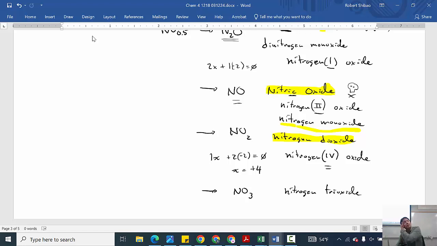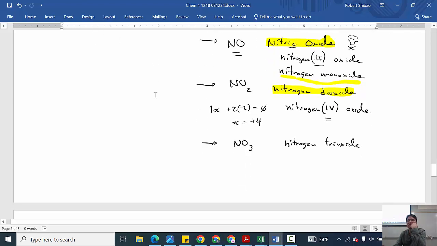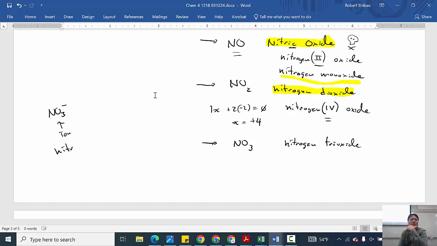Now surely it must be maxed out. What's another name for nitrogen trioxide? No. Nitrate has a negative charge. And so this is an ion. Ion has a different set of rules for nomenclature. This is nitrate ion.